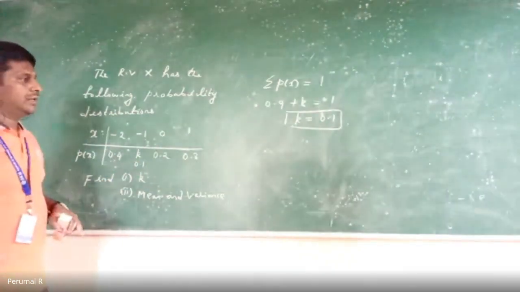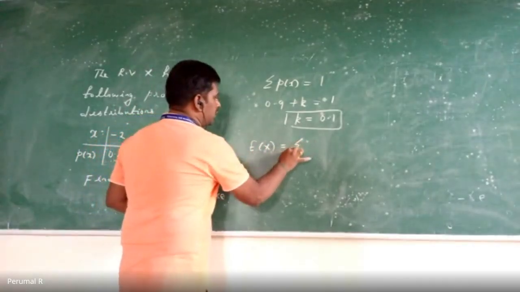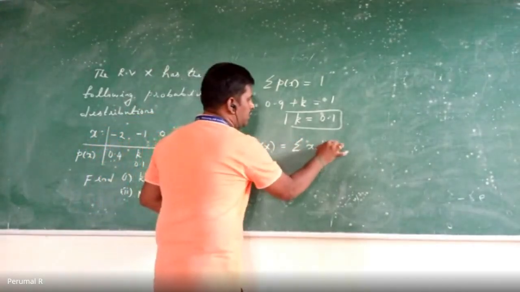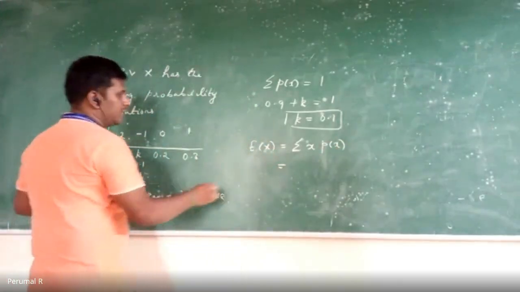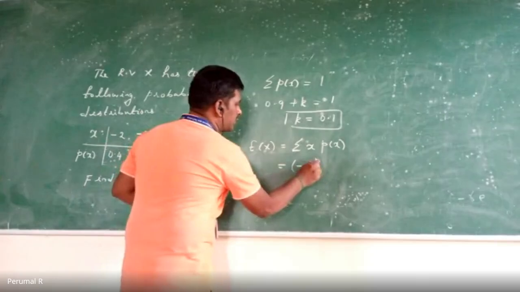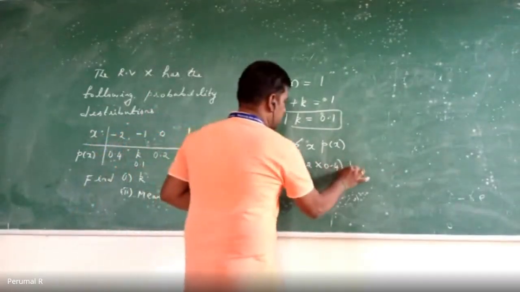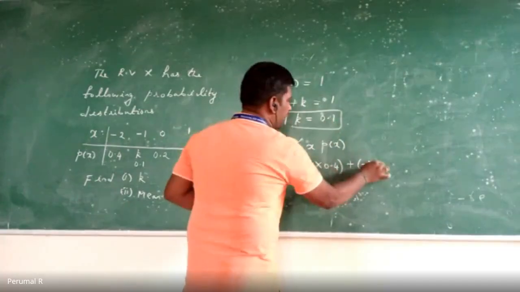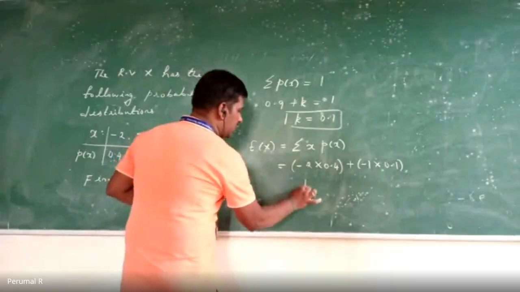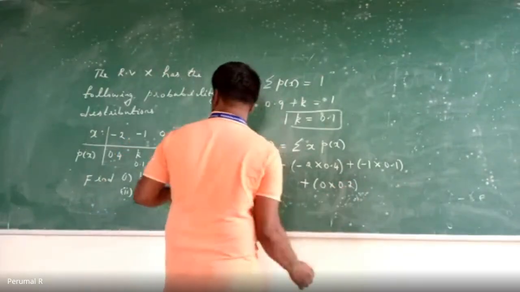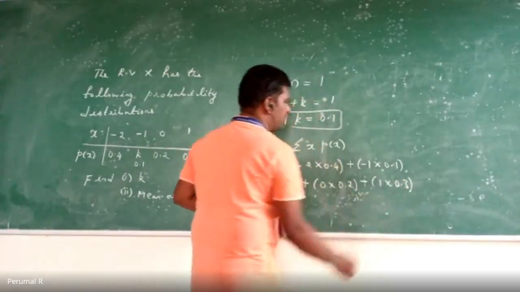Next, expectation of X is nothing but the sum of X into P of X: that X value, then the corresponding probability value. So minus 2 into 0.4, then minus 1 into your K value 0.1, then 0 into 0.2, then 1 into 0.3.